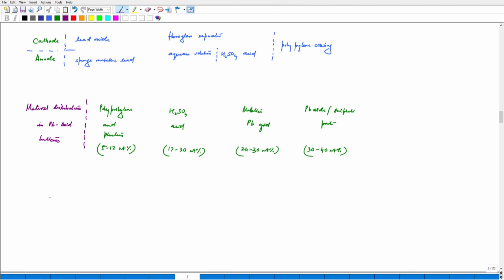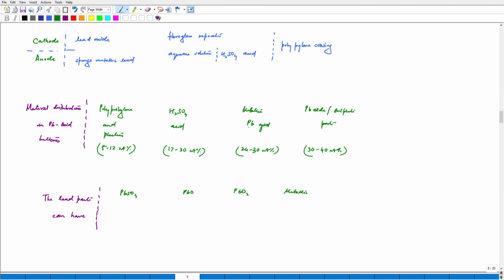The lead paste can have, so we are looking at its internal composition, PbSO4, PbO, PbO2, metallic lead.